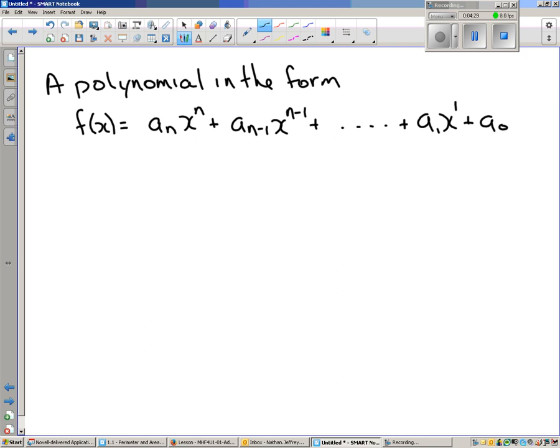From that, what conclusion can we make about the constant difference? What constant difference will this polynomial have? We can say it will have the nth constant difference.